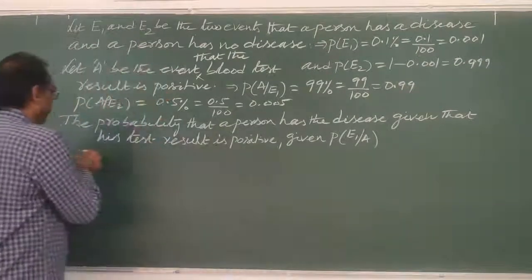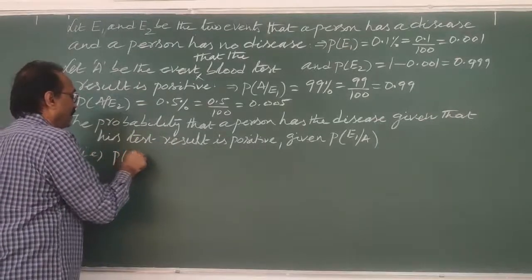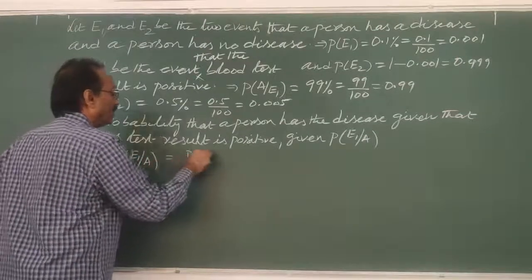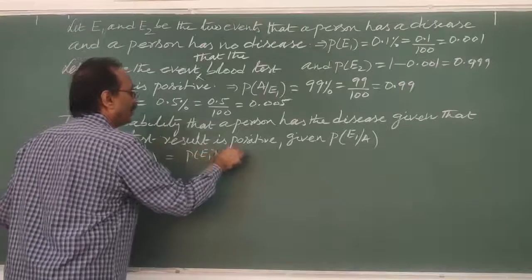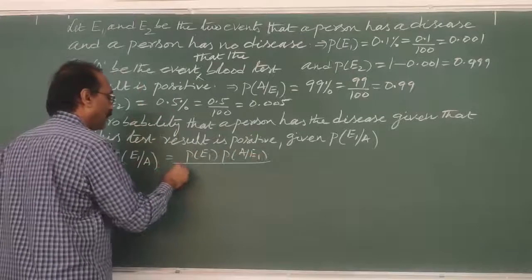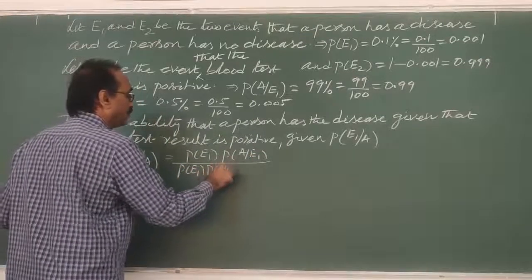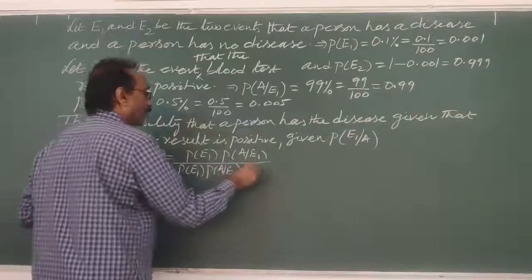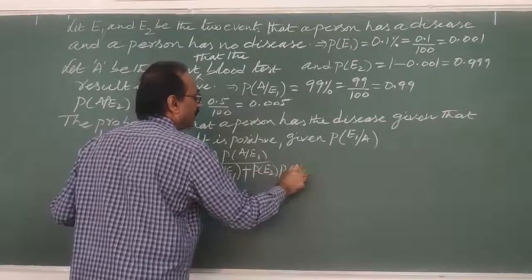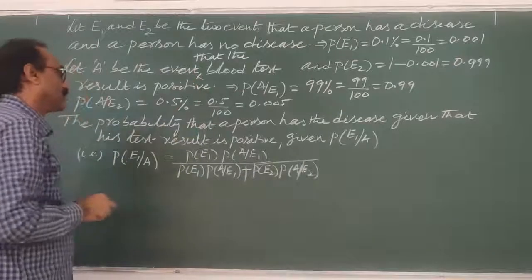By Bayes theorem, probability of E1 given A is equal to probability of E1 into probability of A given E1, divided by the total probability: probability of E1 into probability of A given E1 plus probability of E2 into probability of A given E2.